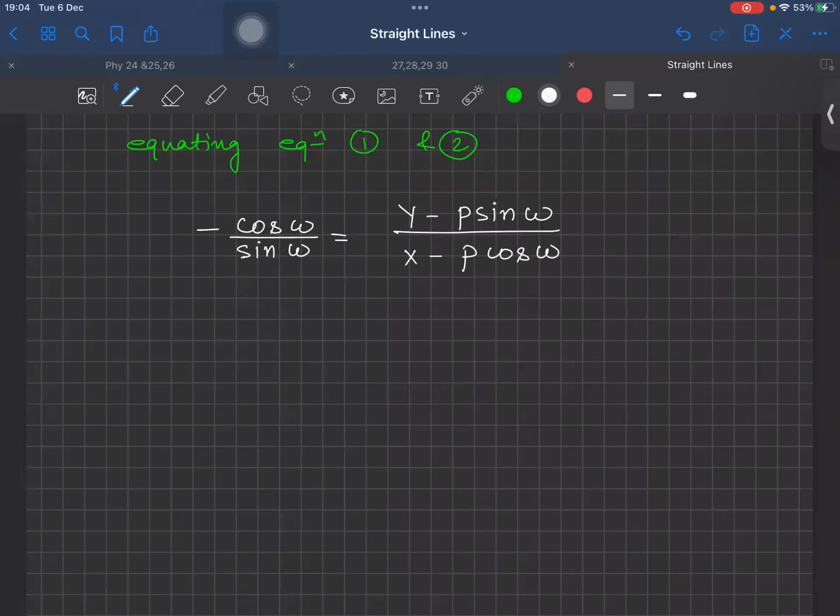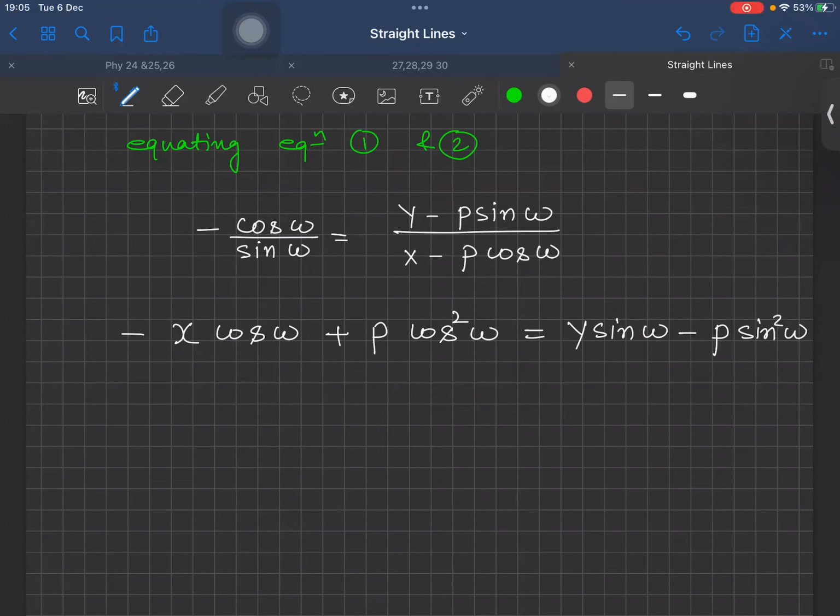Now just cross multiply. When you cross multiply, what will you get? X cos omega minus P cos square omega will be equal to y sin omega minus P sin square omega.